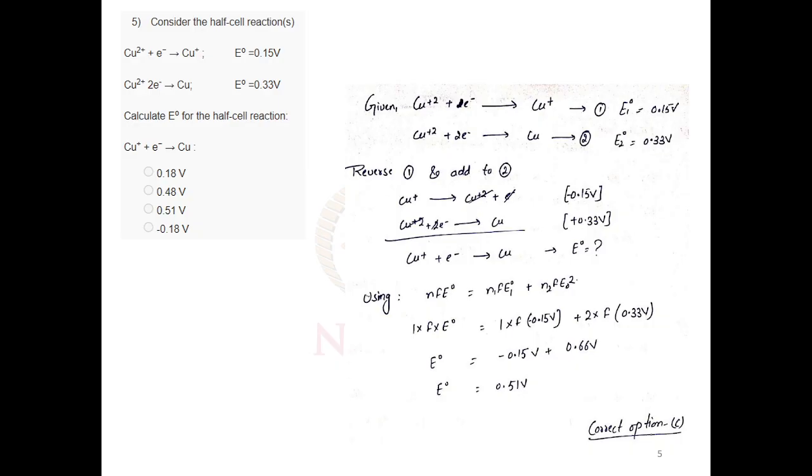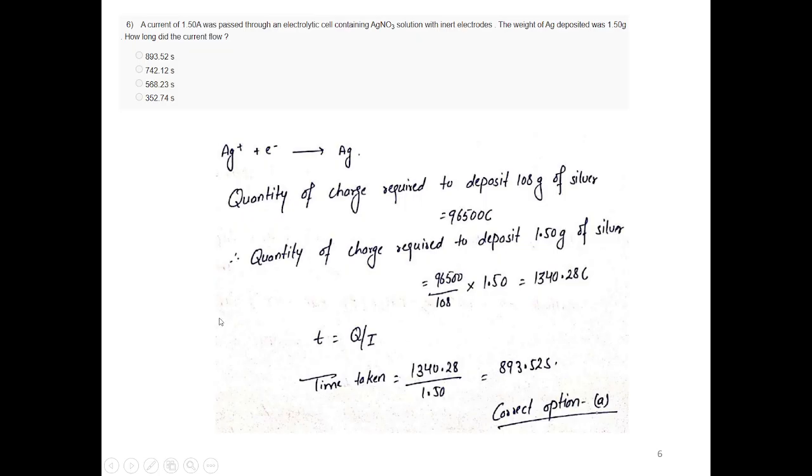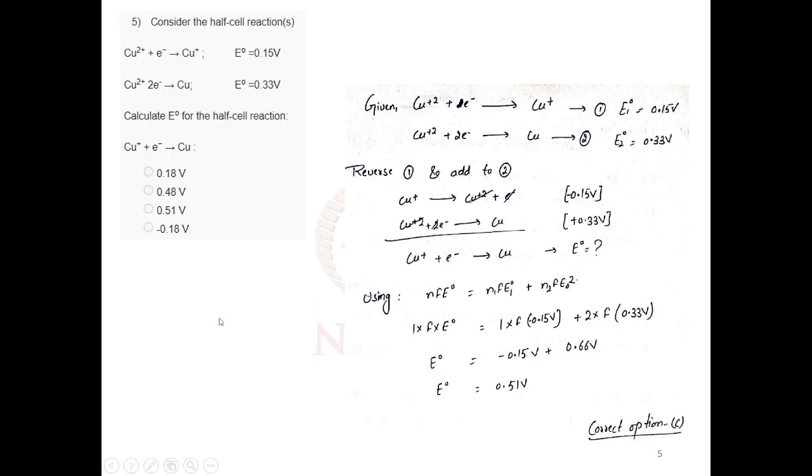Here this Cu2+ is going to be Cu+, and Cu2+ plus 2 electrons is going to be copper. So this is a disproportionation reaction, right?